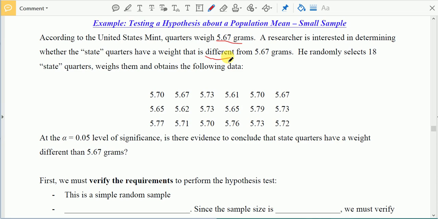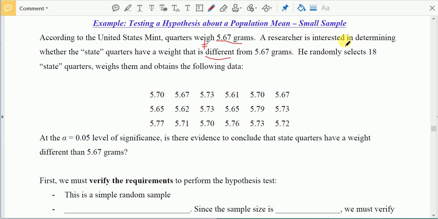So again, this problem is also a two-tailed problem, right? Because they claim to be different. Different means not equal. We are using the two tails from the original null hypothesis, 5.67 grams.